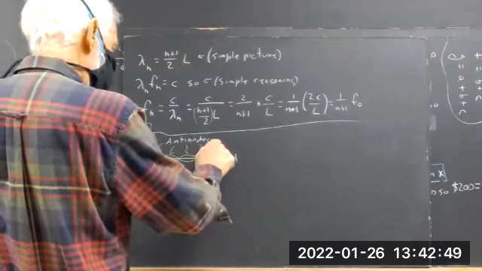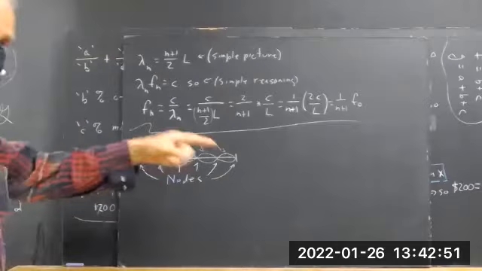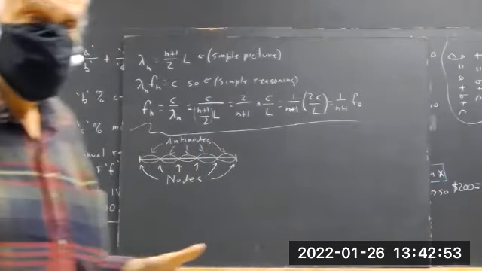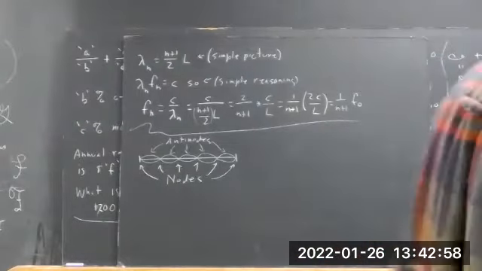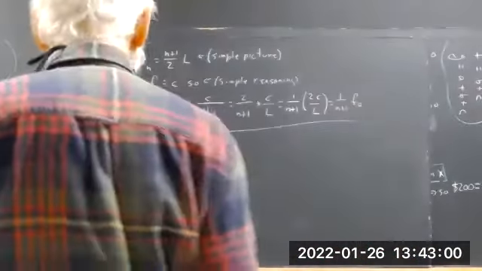And these points where we have maximum deflection are the antinodes. Make sense? So we have one less antinode than we have nodes.